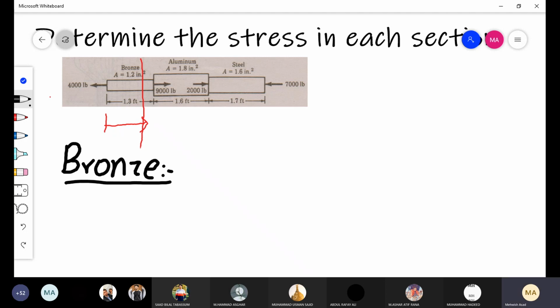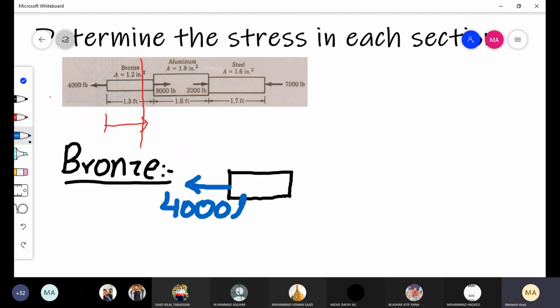What will be the free body diagram for bronze if we pass this section and cut it? This is the free body diagram for bronze, having the internal applied load as 4,000 pounds. And we will have some internal force correspondingly. This internal force, because this is acting perpendicular to this plane, this section, so we will call it as normal force.